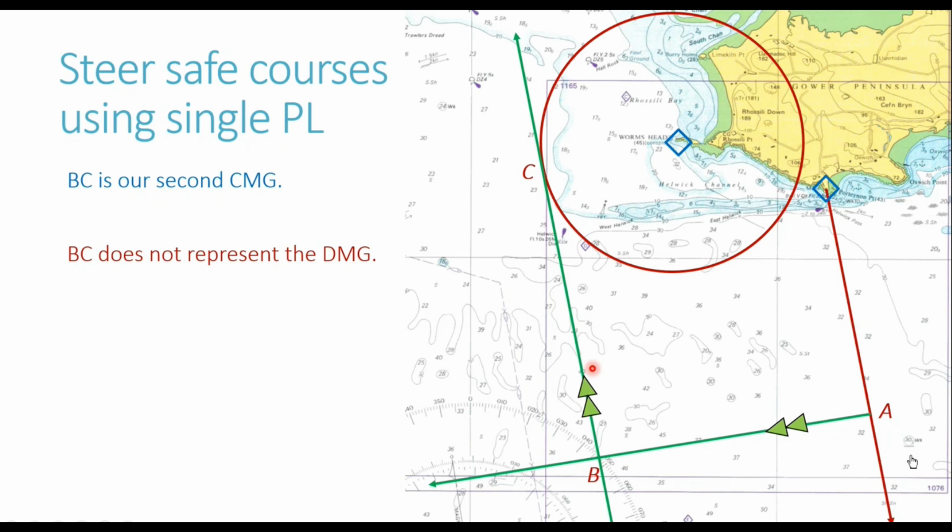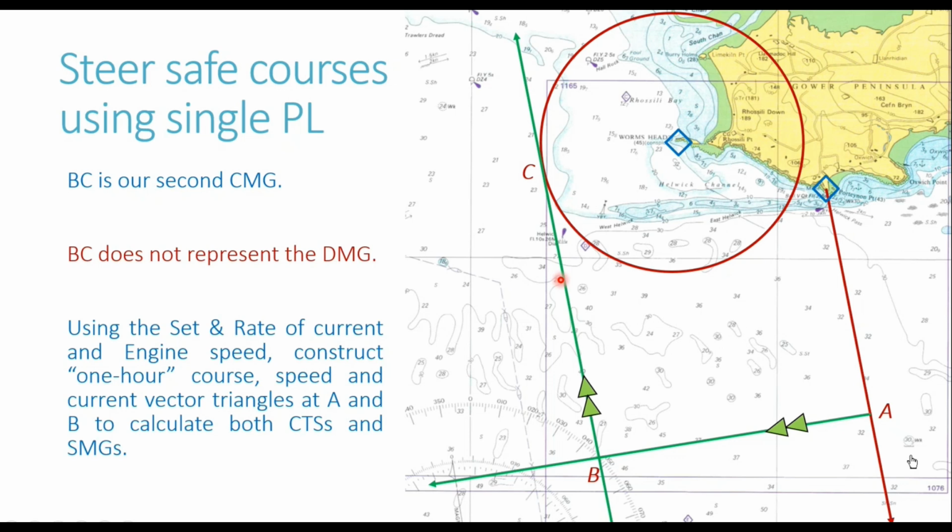Alpha and Bravo are arbitrary points picked up by us to do the plot. They are not the actual positions of the ship. So ship could be anywhere on this line BC, not necessarily that it will be at point B only. So BC does not give us the distance made good, but BC direction gives us the course made good.